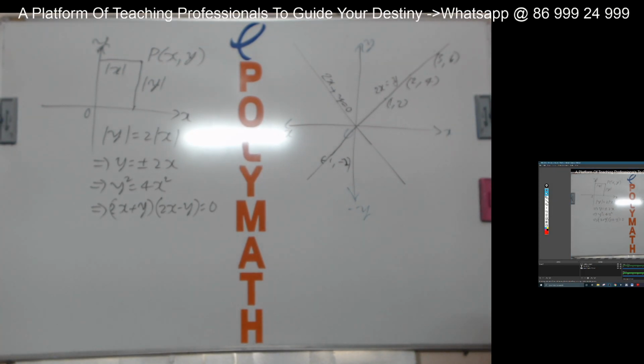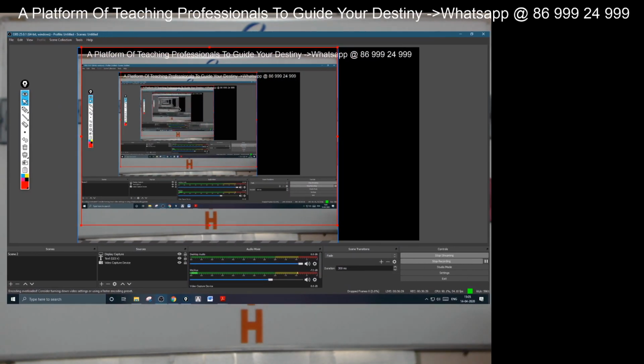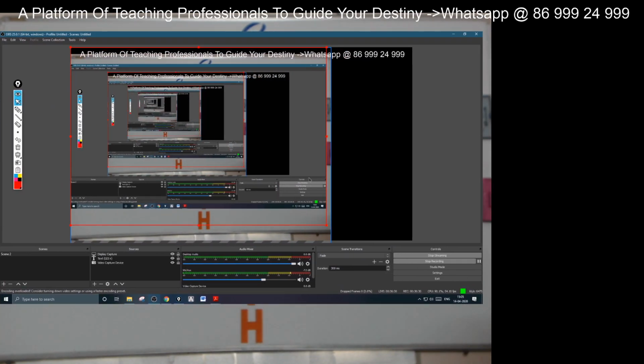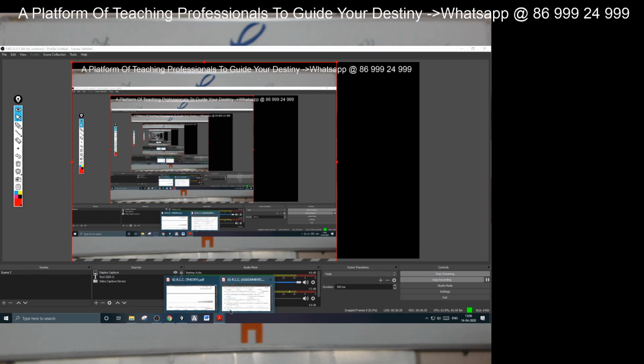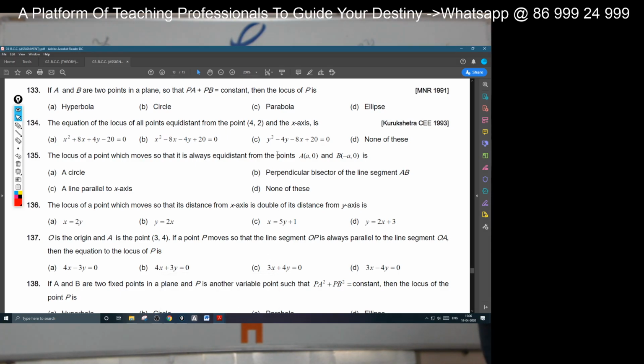Now, let us move on to the next question. Let us check the answer. Which answer satisfies this? 2x plus y equal to 0 or 2x is equal to y. Only one answer is given.